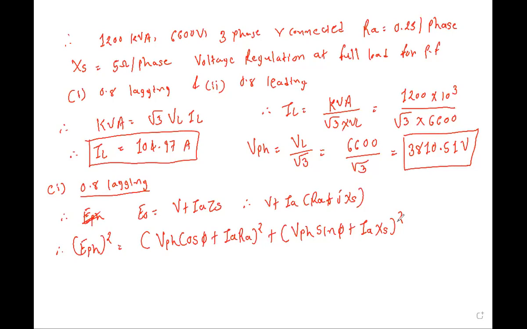Reactive component we always consider with sin φ, and active component we always consider with cos φ. So if my cos φ is 0.8, what should be my sin φ? We have the equation cos square plus sin square is equal to 1. So from the value of cos φ you can easily find the value of sin φ.